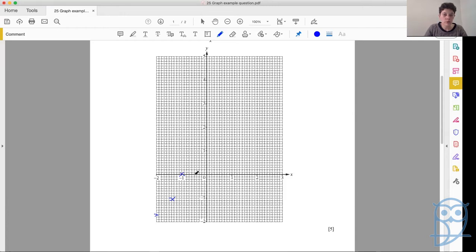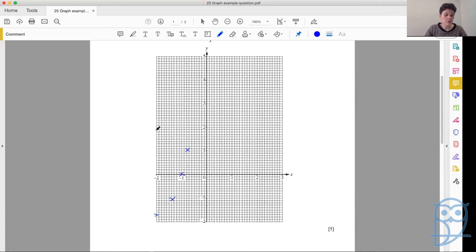Next one, -0.75 is at 1.03. So there is our -1. So 0.9, 0.8, so 0.75, there's 1, so 1.03 is right in the middle of that block. So you see also now, the points are not always on the line. So they're getting a good test, and you have to be accurate to within a millimeter. It's got to be in the middle of the square if it belongs in the middle of the square.